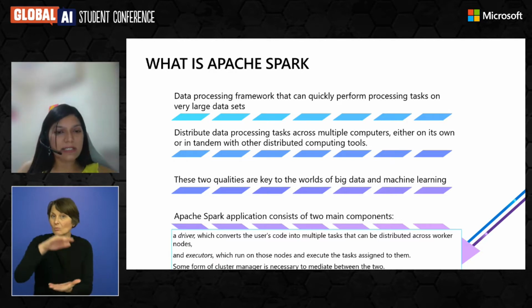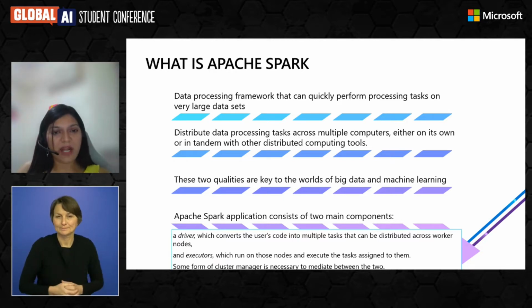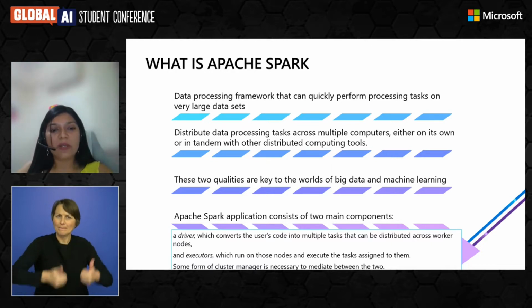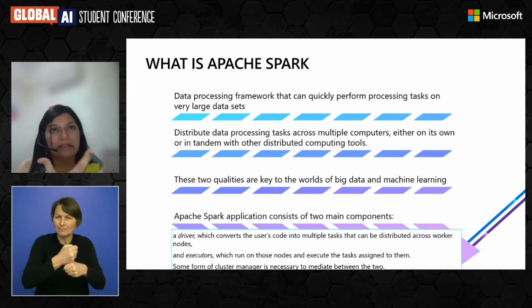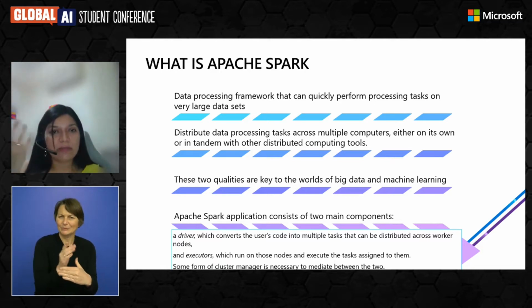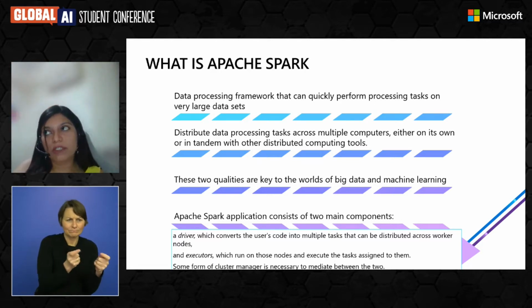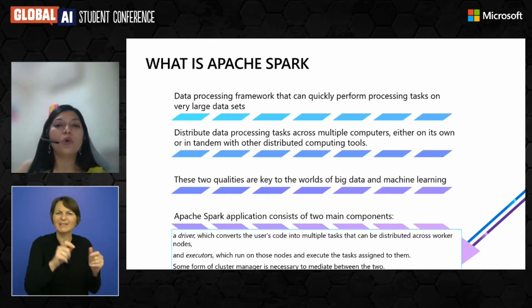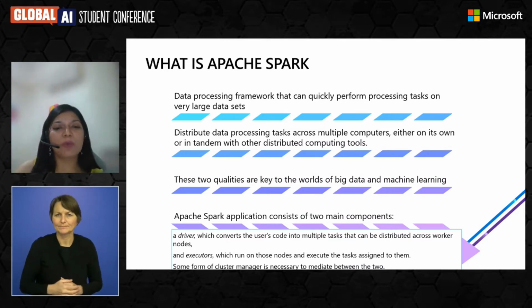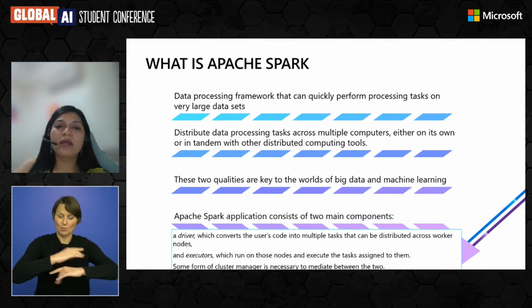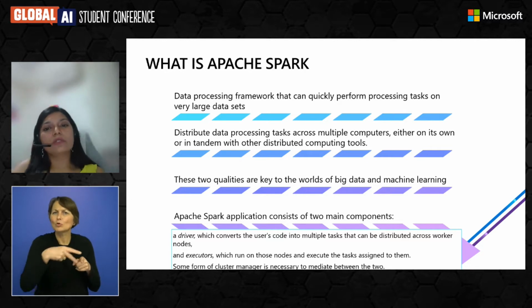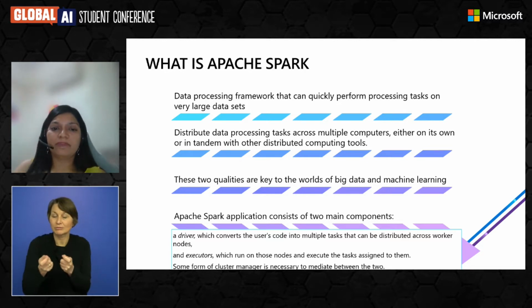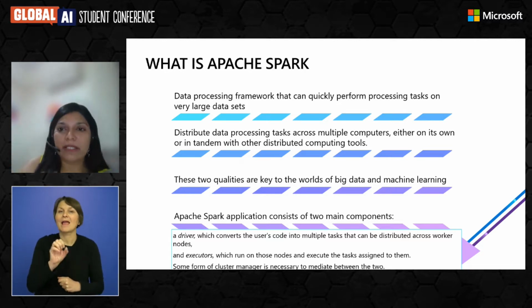This master-slave, or executor-driver, configuration will require some sort of a mediator: how to distribute the job load, how to check whether nodes are up or down, whether more nodes are needed. So we have processing platforms which provide these mediating tools, and MML Spark, which we are going to discuss today, is one such cluster management platform.